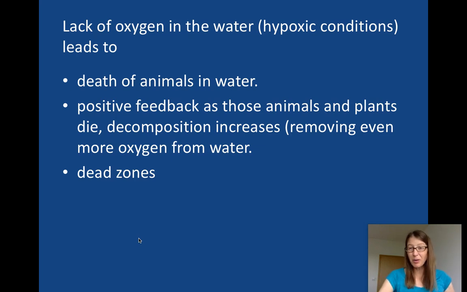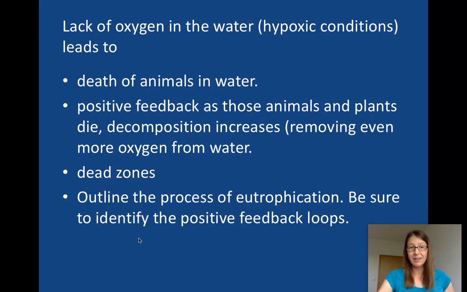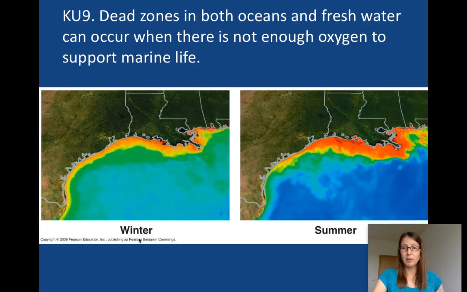Okay, it's really hard to recover when there's no oxygen and everything's dead. So you need to be able to outline the process of eutrophication, but you have to be able to identify those positive feedback loops. Okay, so eutrophication is the enrichment with nutrients, and then the process that ends up happening is all of the oxygen ends up getting sucked out of the water because of decomposers. And it's a positive feedback loop.